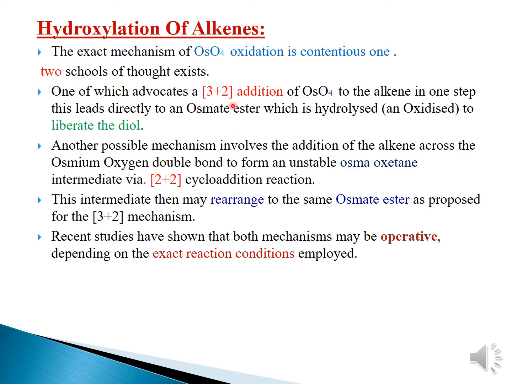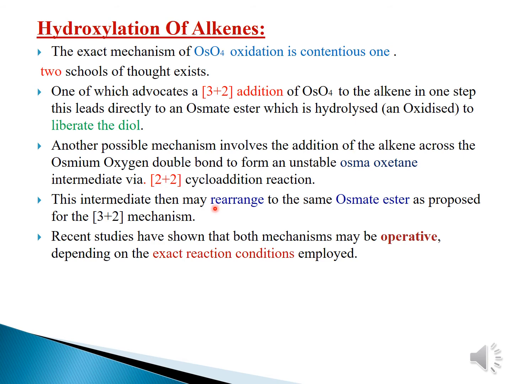So here also, when the alkene is treated with osmium tetroxide in the presence of a base, the diols are formed. First the osmate ester is formed, and upon hydrolysis we end up with the diol formation.